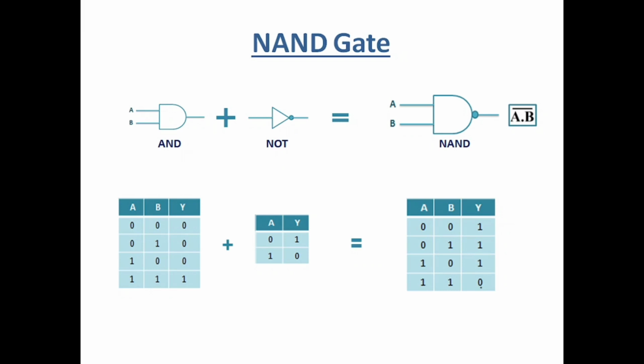Now, NAND gate is formed by a combination of AND and NOT gate, or we can say that NAND gate is simply an inverse of AND gate. Inverse means a complement. That is, if we are getting 1, the inverse of 1 will be 0. So we can see here, as in this truth table, I have already made a video on AND gate earlier.